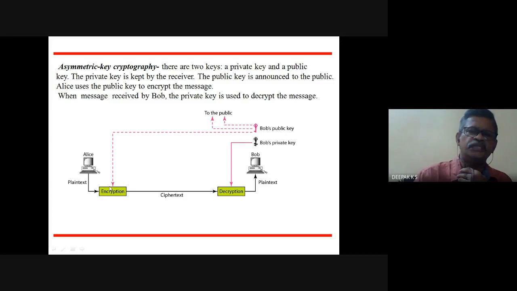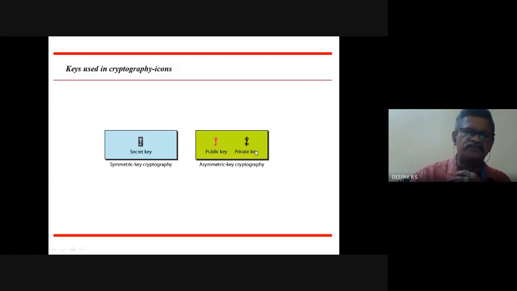Using this public key, Alice would encrypt this message. And when this message is received by Bob, the private key, which is available only with Bob, is used to decrypt the message. So this is asymmetric key cryptography.